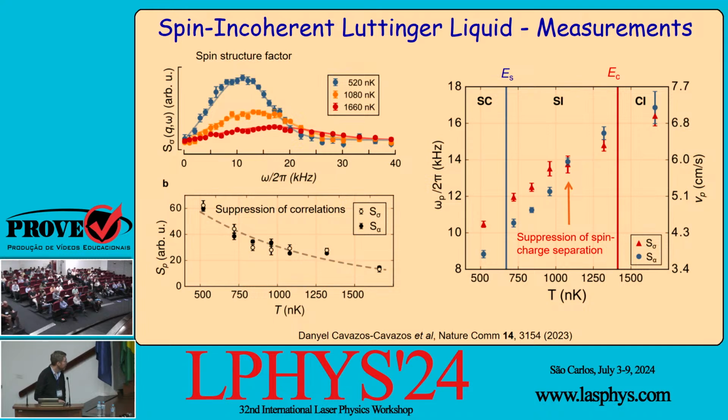And you could see that as a function of temperature, once you get to high enough temperature, there's a suppression of spin-charge separation, which is evident by the fact that they have the same speed at this value of temperature. And that's just about directly in the middle between the energy scale for the spin mode, E sub S, and the charge mode, E sub C.